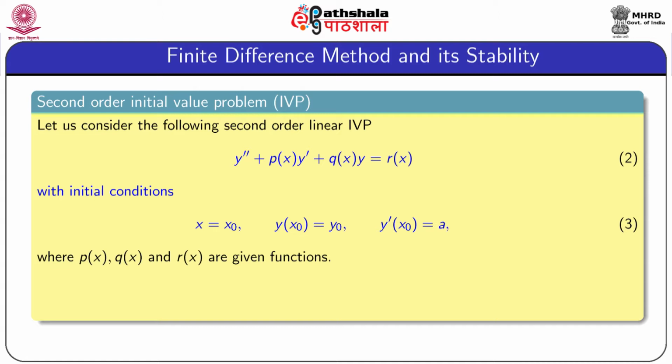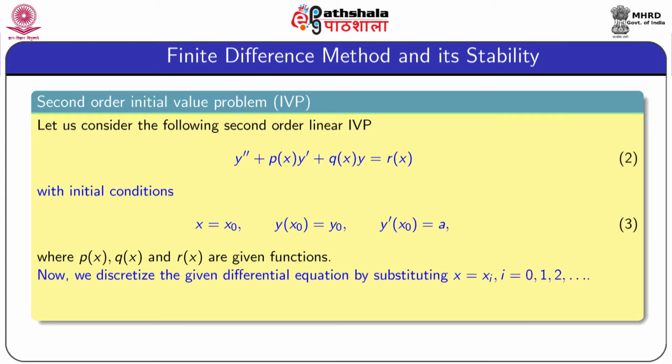I have mentioned that the functions p(x), q(x) and r(x) are given, that means known functions. Now, we discretize the differential equation 2 by substituting x equal to xi for i equal to 0, 1, 2 and so on.